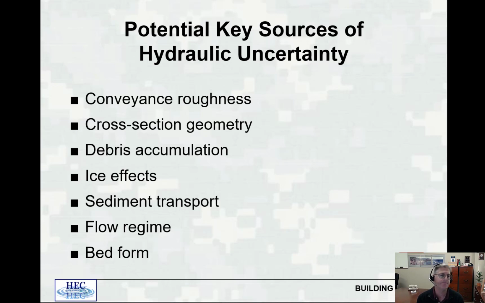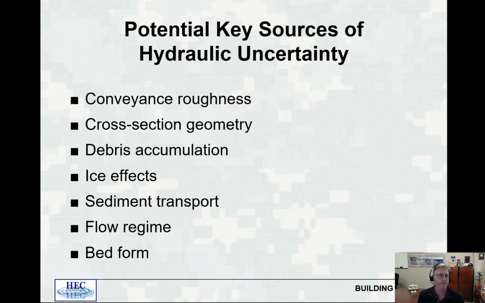Cross-section geometry, whether you have good bathymetry or you're using LiDAR information, you're using a DEM to pull off your geometry, all are factors in the amount of uncertainty that you have with respect to your cross-section geometry. Debris accumulation, ice effects, both influence the water surface elevations, and so can adjust your water surface elevations, and therefore uncertainty is a factor.